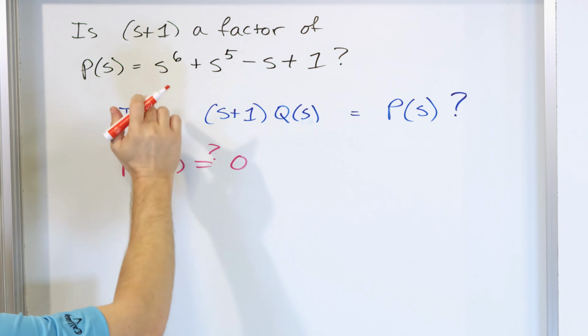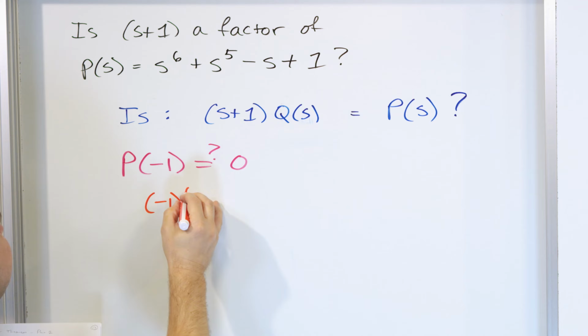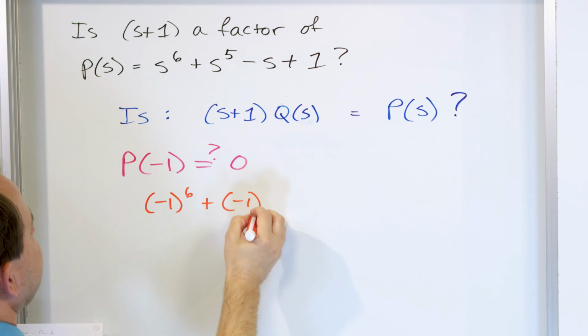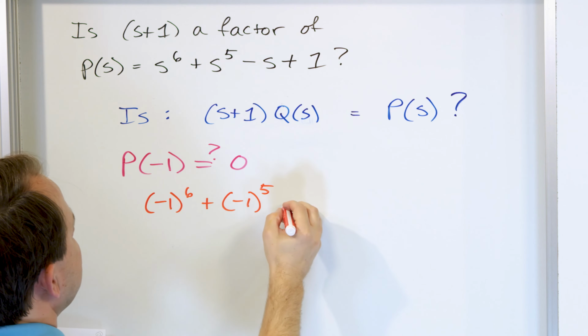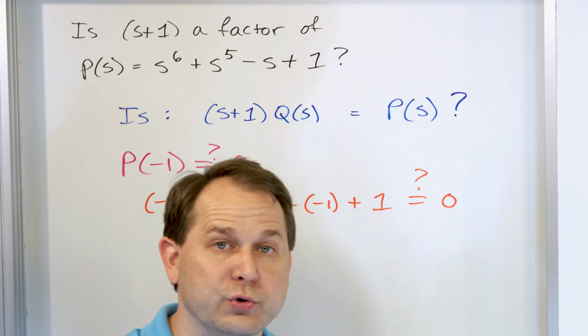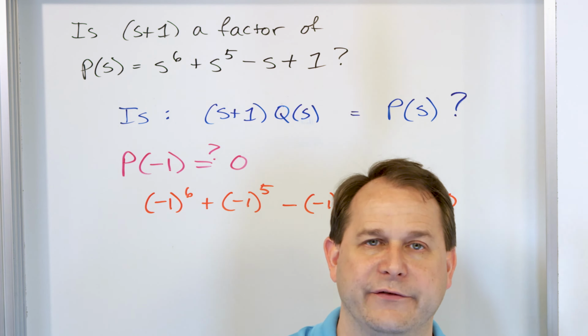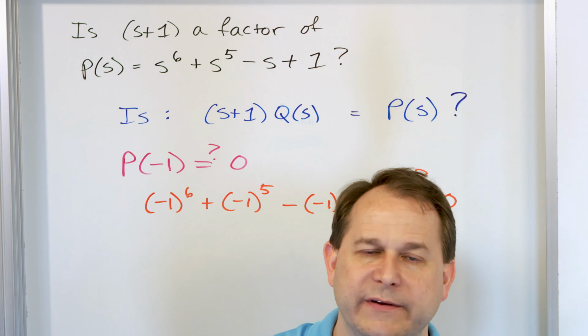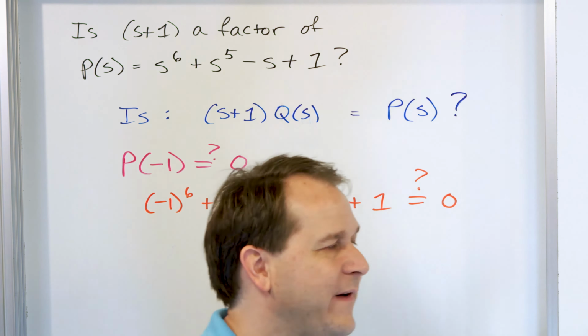You raise it to the 6th power, then negative 1 to the 5th power, then negative 1 for s, and then 1, and you ask yourself, does this equal 0? If it does, then negative 1 is a root of this equation. And we know that all roots correspond to factors: x minus the root is the factor. So x minus minus 1 is why it would be s plus 1.